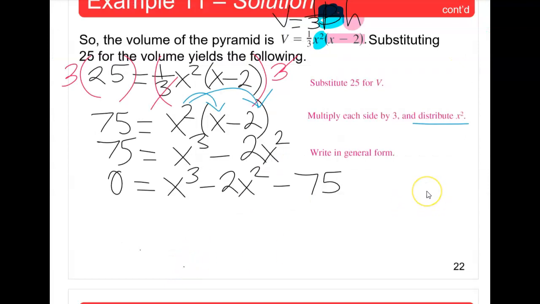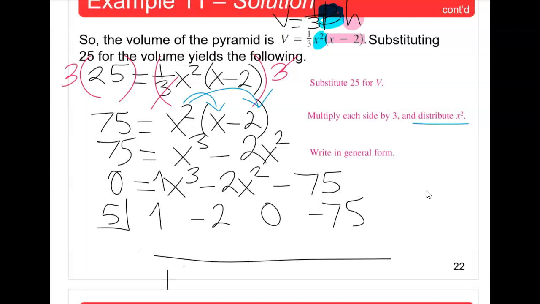And so if I was to test to see if that is in fact a 0, remember I get the coefficients, so 1 for x cubed, negative 2 for x squared, and we don't have an x, so I must put a 0 as a placeholder, and then my constant term is negative 75.